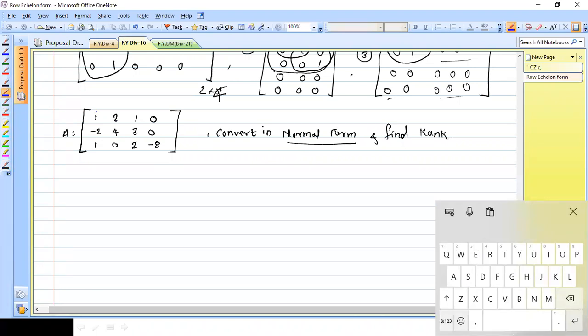First, you need to make the first element 1. Once you make it 1, make all elements below it 0 and all elements on the left 0. While making the below elements 0, you need to use row operations.